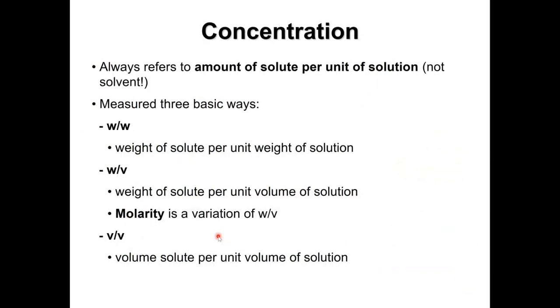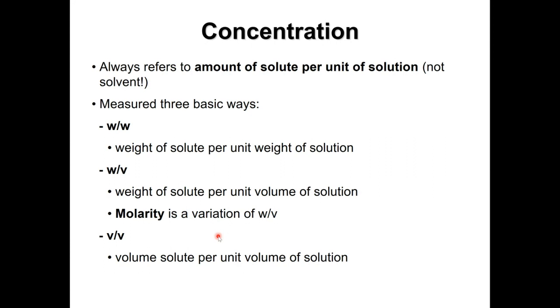Now, going to the other important point, concentration. Concentrations are values expressed in different units that always give information about the amount of solute that you have per unit of solution. And these can be expressed in different types of units.